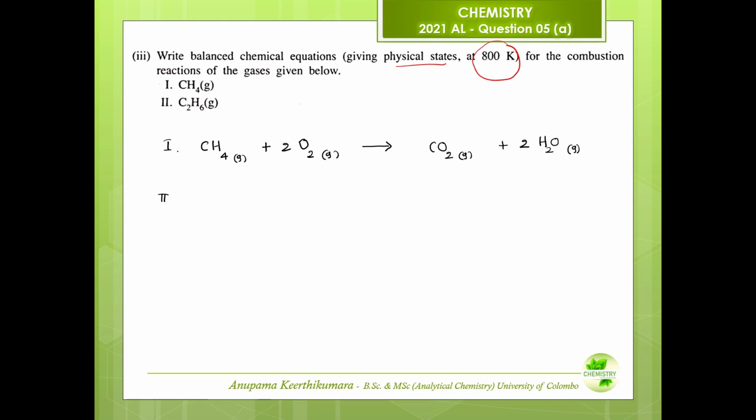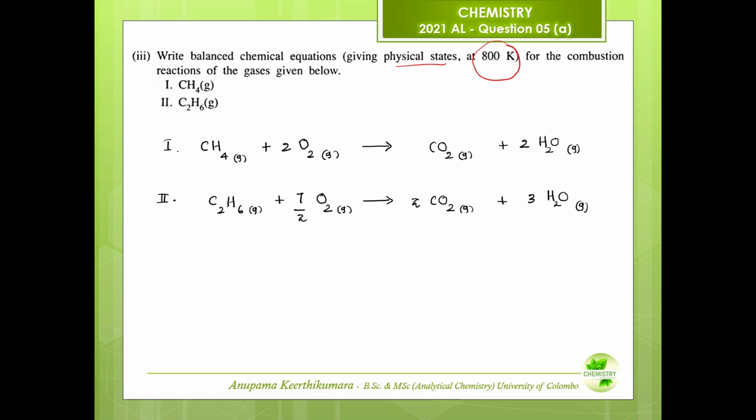Combustion equation for C2H6 gas. C2H6 with excess O2 gas produces CO2 gas and H2O gas. Balance the reaction. 2 carbon dioxide, 3 H2O. The question asks you to write the balanced chemical equation for the combustion.